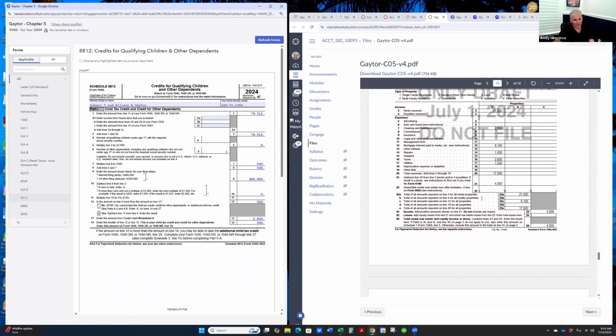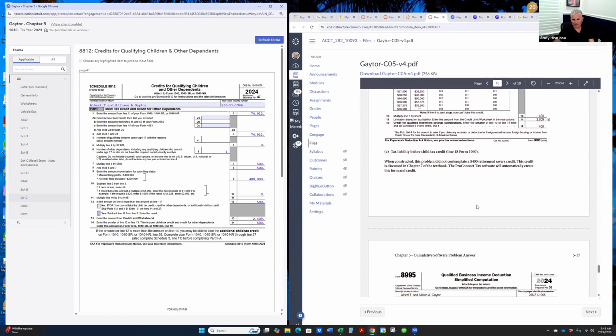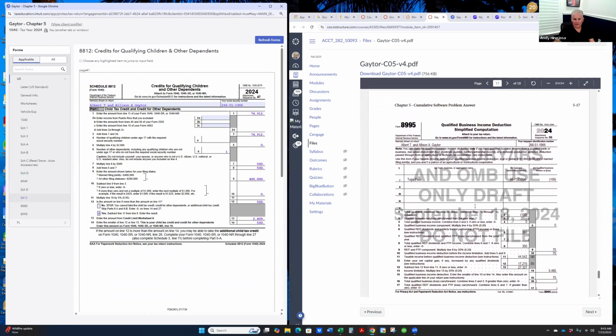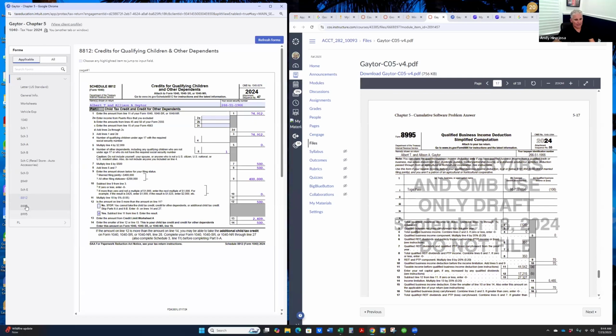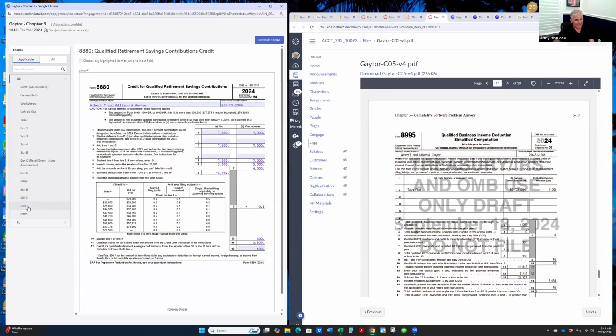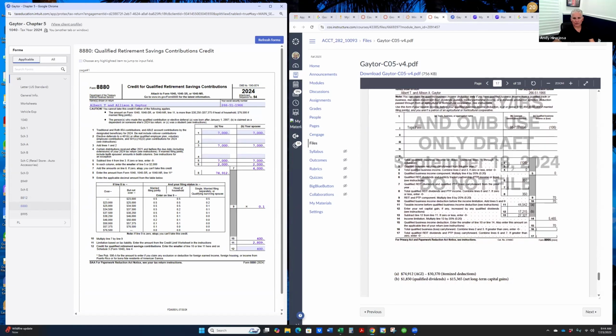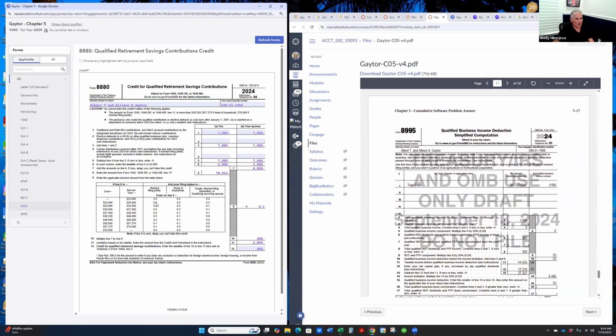8812, credits for qualifying children. That was at the very beginning. We've taken care of that. And then 8880, this is that form that I mentioned earlier. There's a computation and limitation of how much you can earn in credit. The computation is based upon your adjusted gross income.